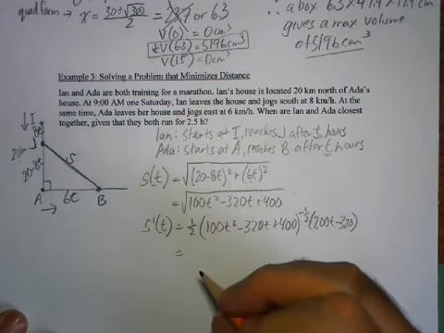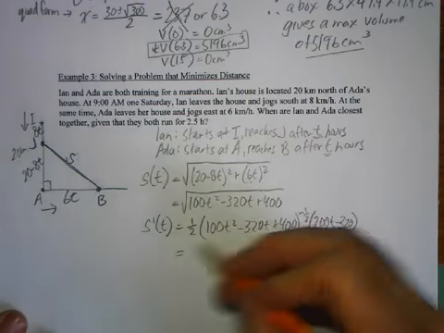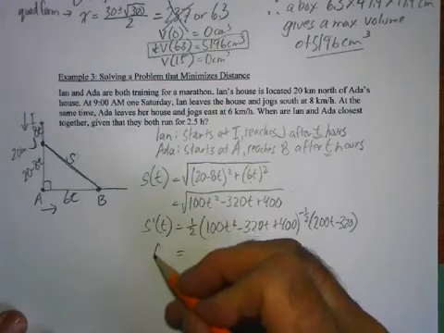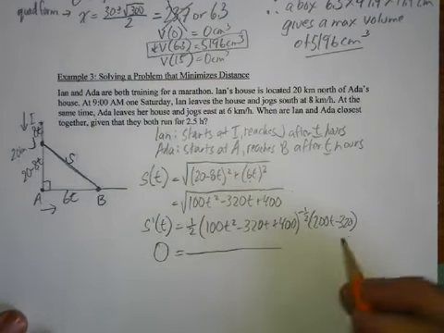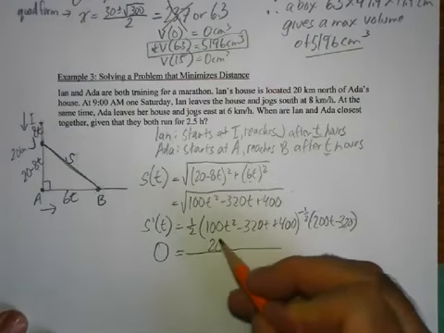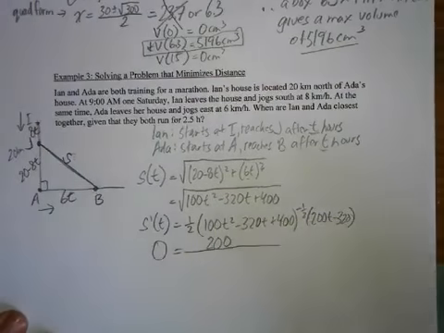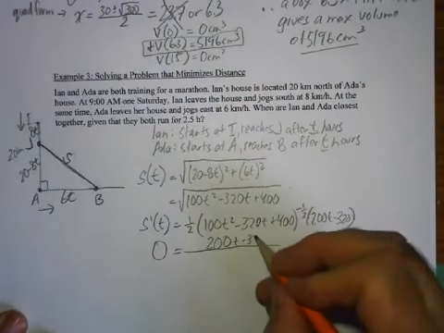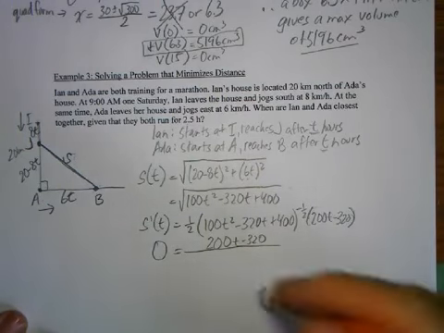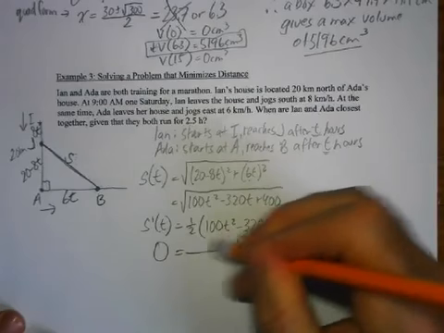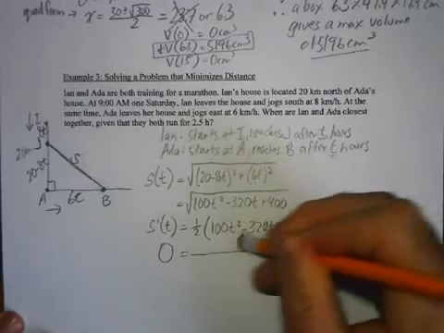Okay, and I'll do two things. I'll simplify this a bit. I'll also set this to 0 at the same time. So this is the part that stays on the top, 200t minus 320. Hold on, that's not it. It's half of that.